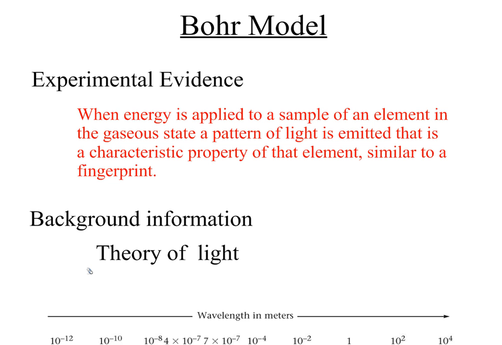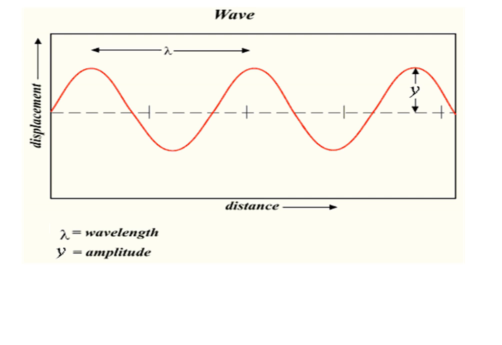In order to understand what this means, we're going to take a quick look at light and the theory behind how light operates. First of all, light has a particle nature as well as a wave nature.